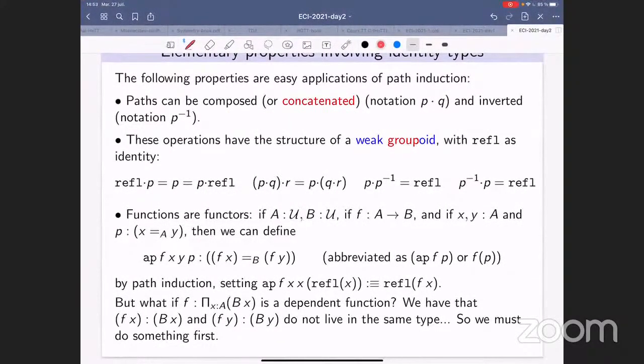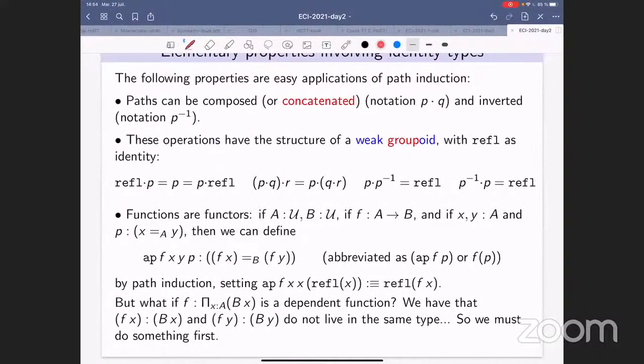Hence, if they do not coincide in topology, you cannot ask them in type theory to be definitionally equal, because definitionally equal things will be interpreted in the mathematical model as things that coincide. Okay, while here we really have in topology a homotopy.